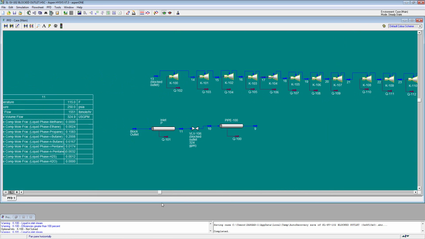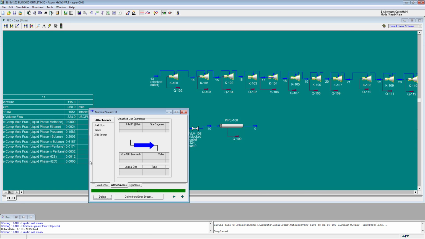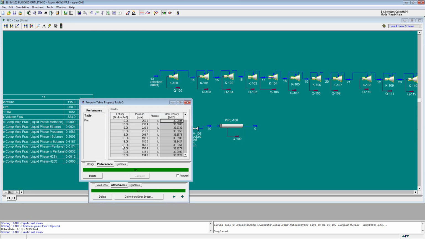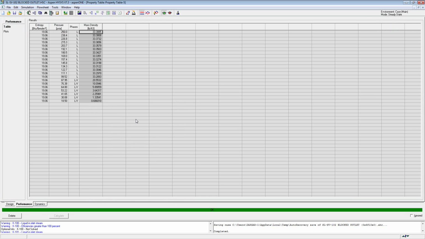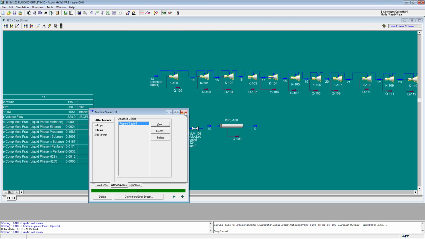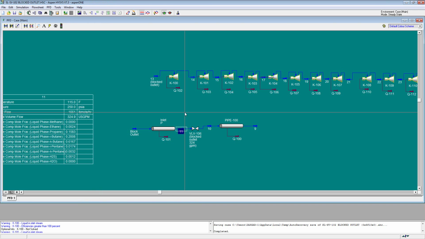And if I go back to the performance tab, view, the mass density at the last step from this calculated property table is also 0.6860. So these two values are exactly the same and the two methods are equivalent. This concludes my presentation.